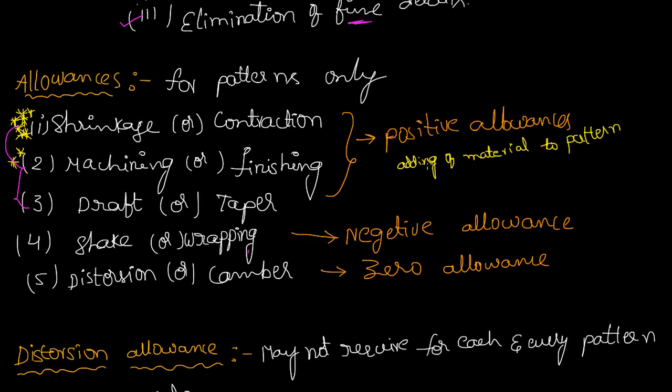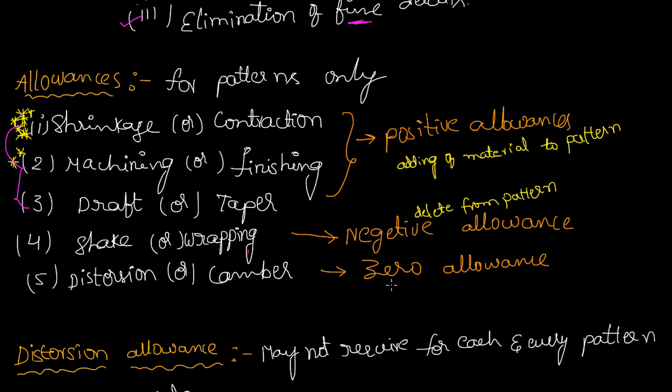If we add material to the pattern, then it is called positive allowance. Why add material? We will discuss that later. And if we delete some material from the pattern, then it is called negative allowance.